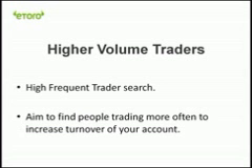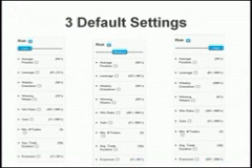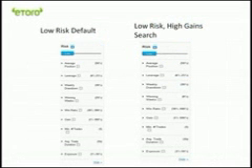But as I've stated before, our official line here is we want you to preserve your capital, so we're always going to be showing things with a low risk tendency. If you want to have a look and try to find some higher risk traders, looking at this parameter here on the right, you would simply take that minimum number of trades up to 100, and then have a look.